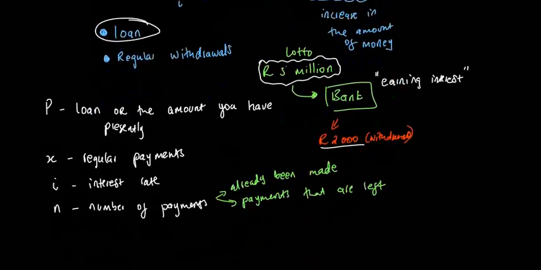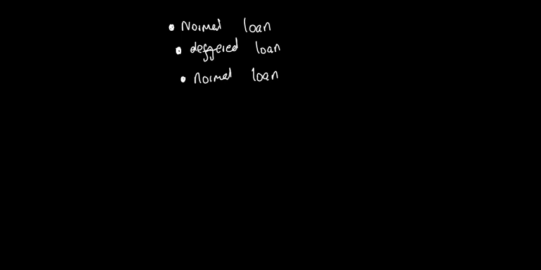All right. Now, there are two types of loans, eh? There is what you call a normal loan, right? A normal loan. Then there is what you call a deferred loan, whereby you have some deferred payments. And then you have a normal loan that later on becomes abnormal. No, let's call it deferred, right? All right.